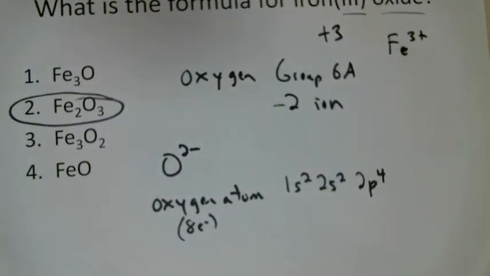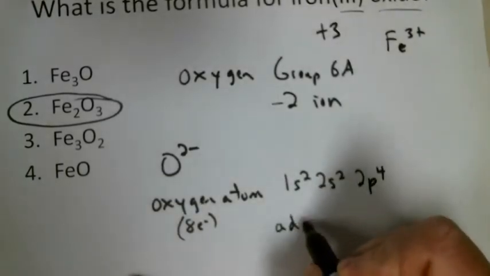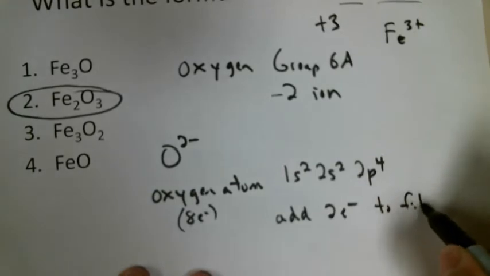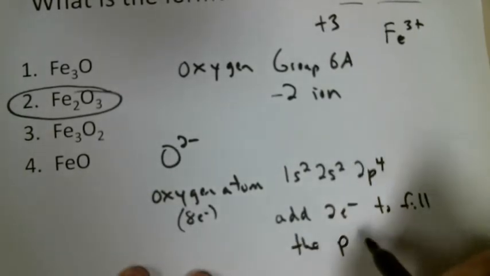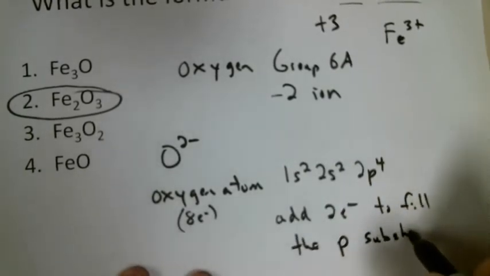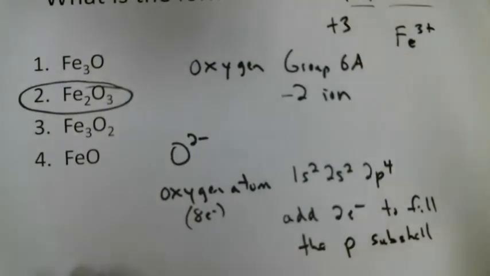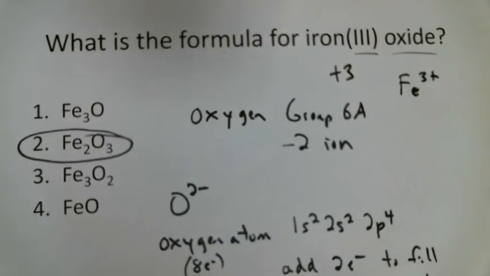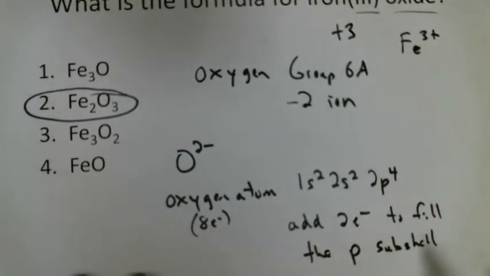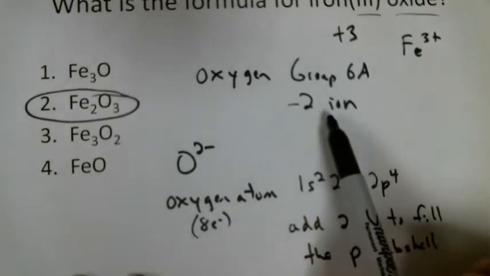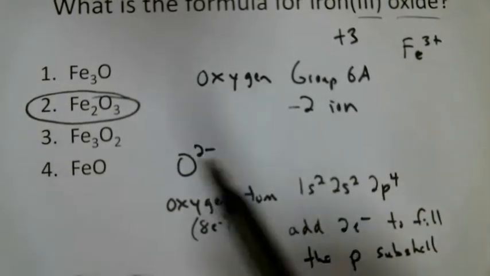So we'll add 2 electrons to fill the p subshell and get that noble gas configuration. So that's why oxygen's -2, and there's our formula. But again, you don't want to go through all this stuff on the test. We're going to know that group 6A is a -2 ion. Okay, and that's that one.